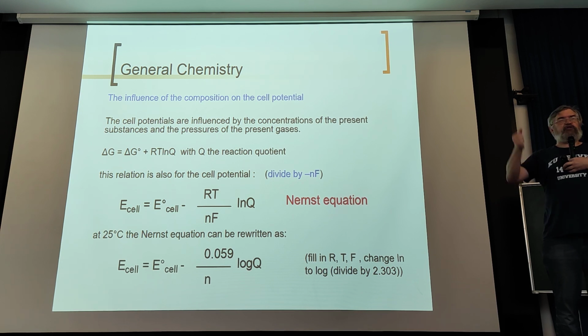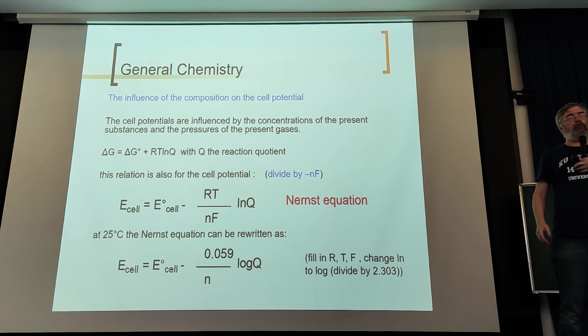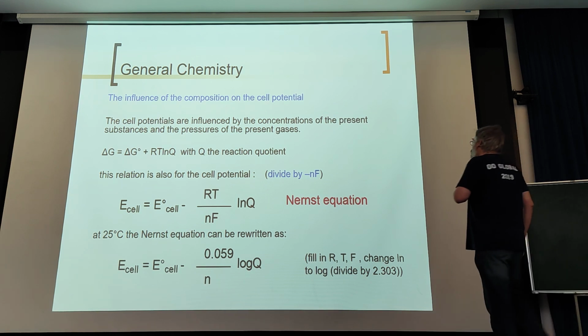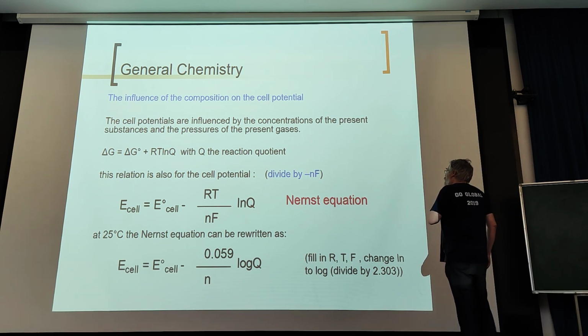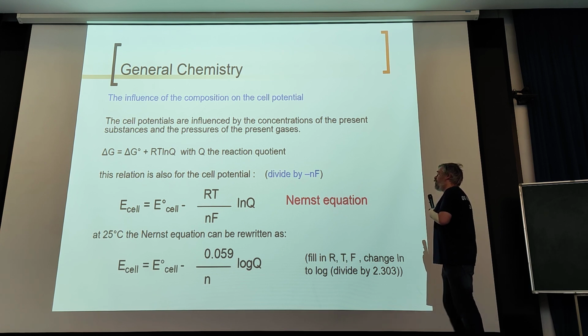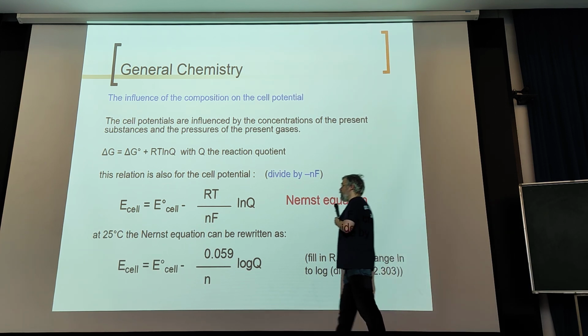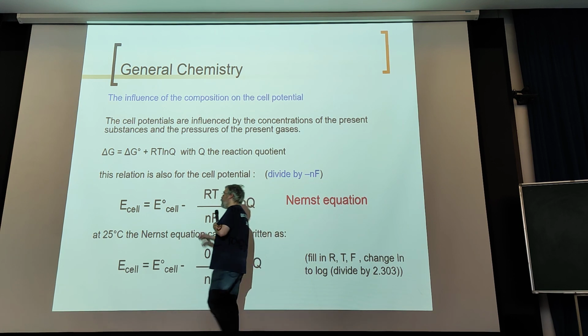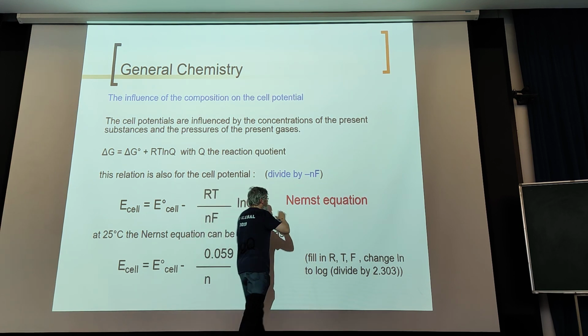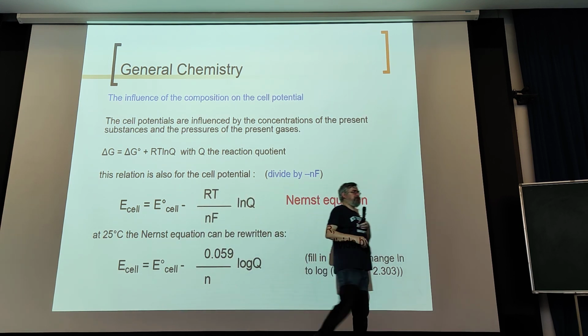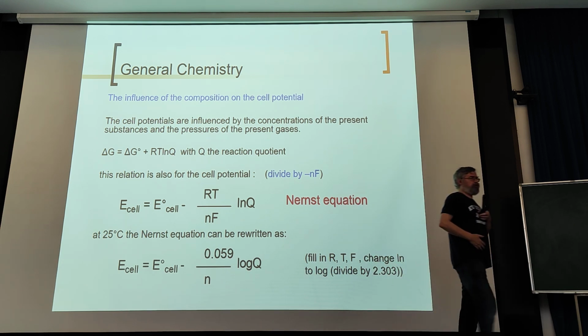But at the moment when we start connecting our two electrodes, we are not at equilibrium, because the electrons are flowing. So there's still something going on. So this expression we can convert into an expression that goes about potential, because there's a direct relation between delta G and potential.